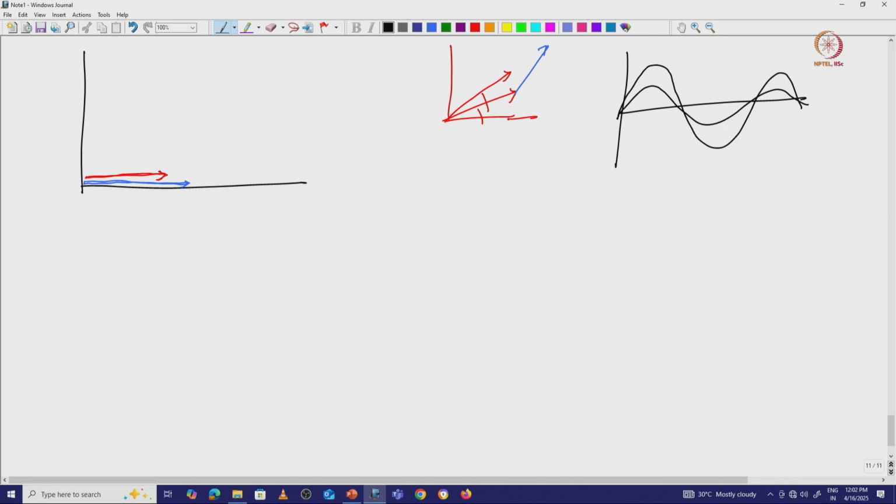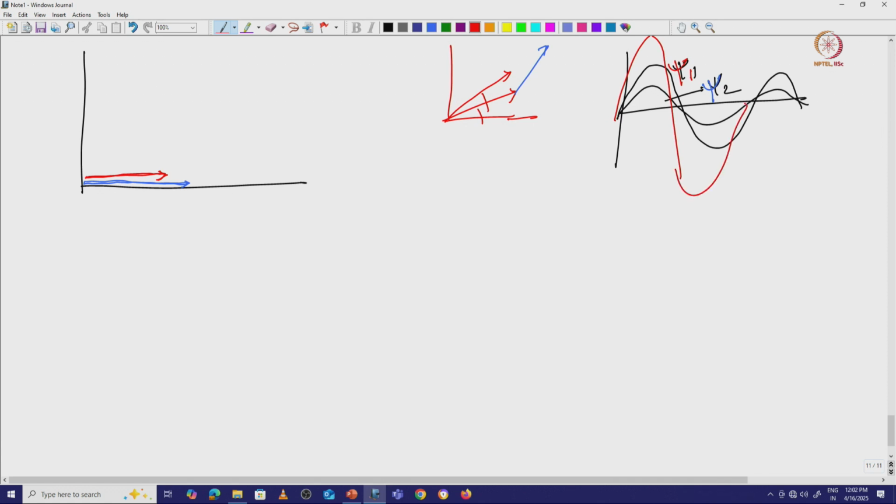Here you can see this is wave 1 and this is wave 2; you can consider the blue one as wave 2 and the red one as wave 1. When they come together, their amplitude will be very big, something like that.